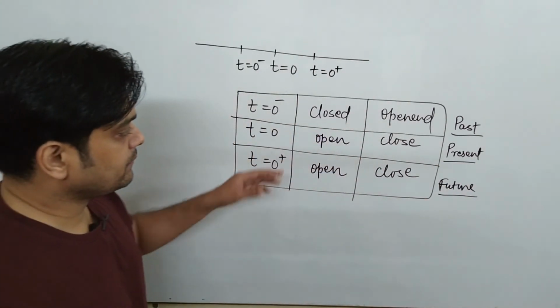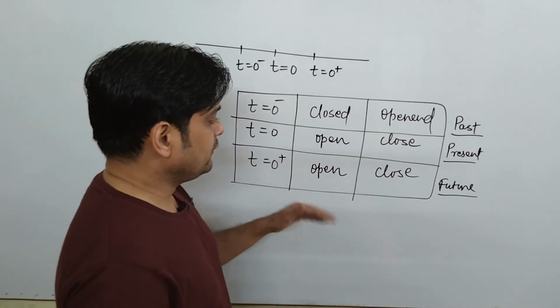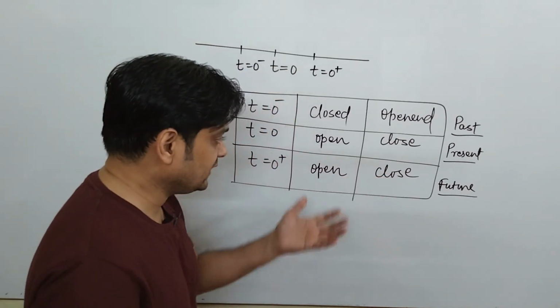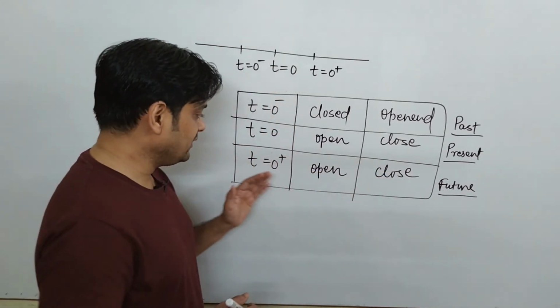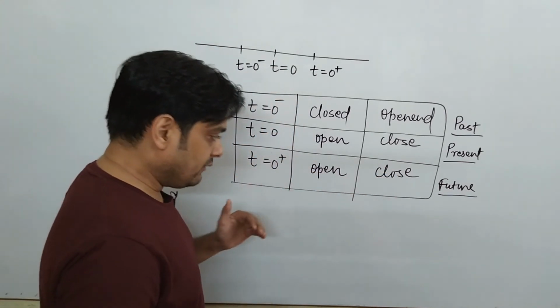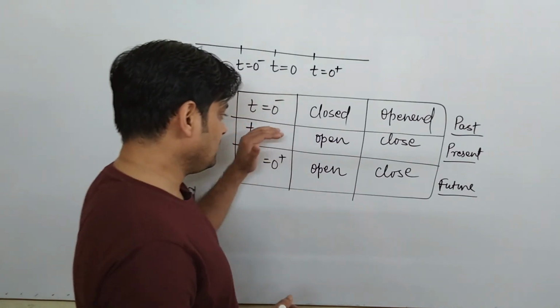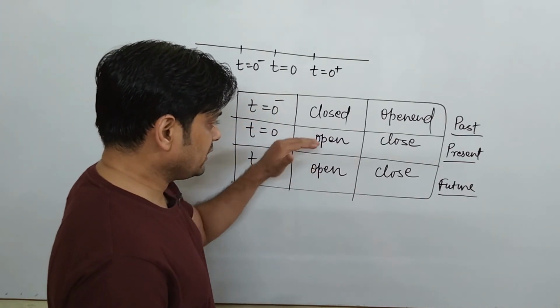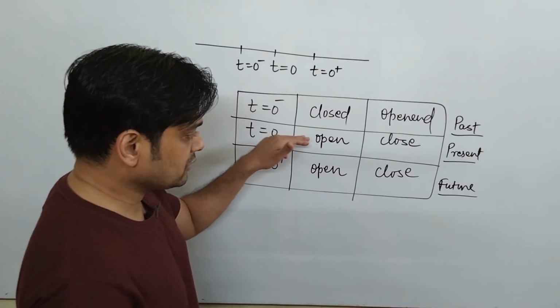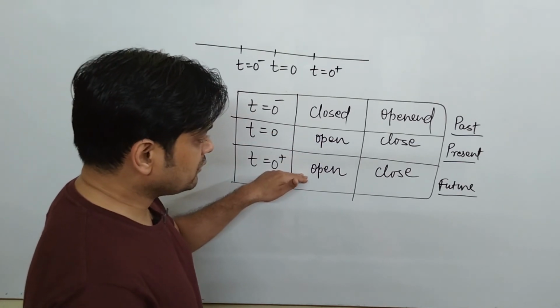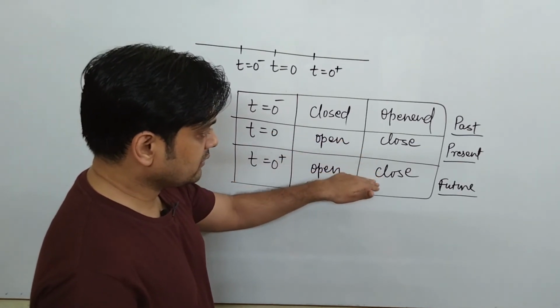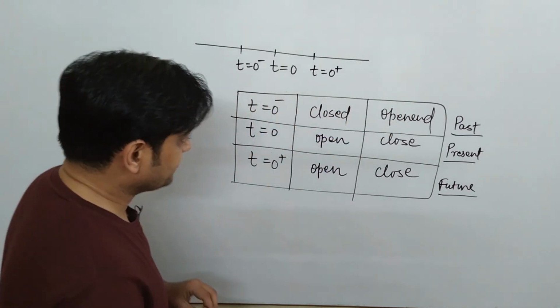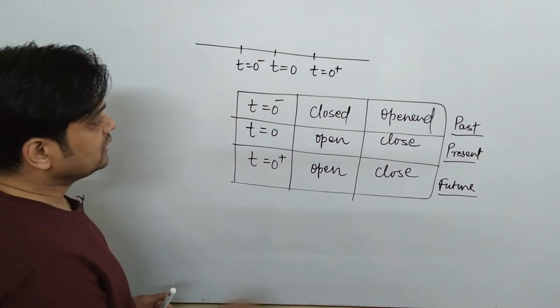At t equal to 0 is your present state, and the future, that means you are not predicting the future, but just for understanding, whenever you go to the positive instant of time from t equal to 0 to t equal to 0 plus, whatever the condition is for the switch will remain the same for t equal to 0 plus also. Similarly here also. So this is past, present and future.